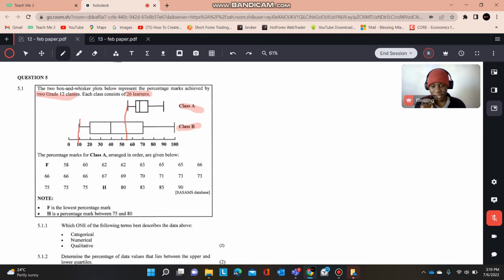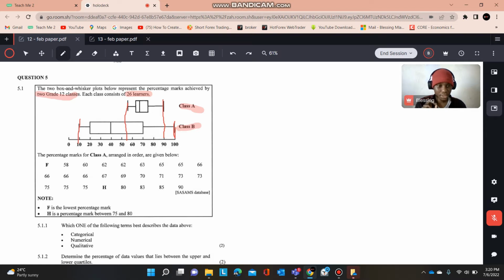And this end represents the student who got the highest mark in class, right? Meaning that in class B, the student who got the highest mark got 100%. I'm sure it's going to be you getting 100% on that final. But here in class B, the student who got the highest mark got 100%, and in class A, the student who got the highest mark got 90%, right?